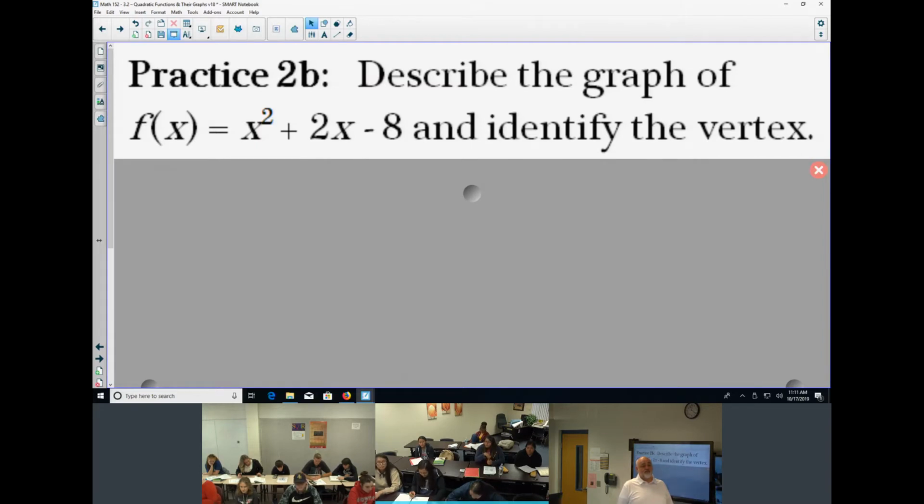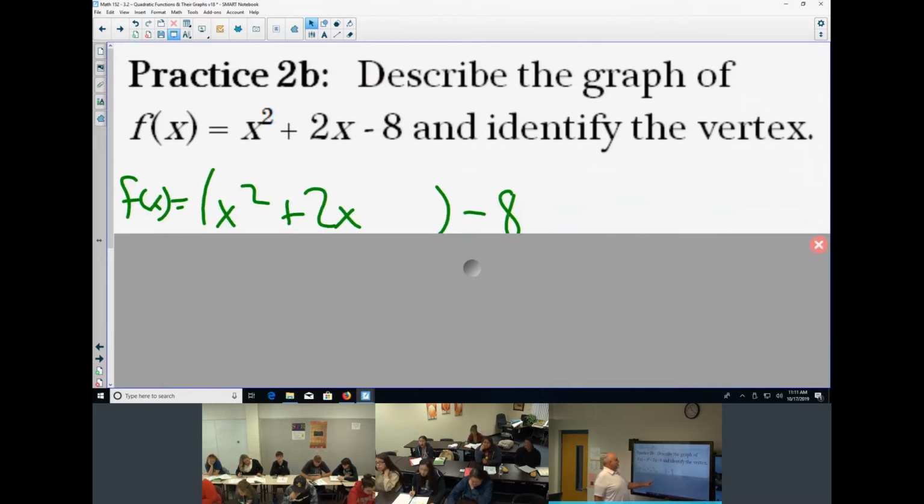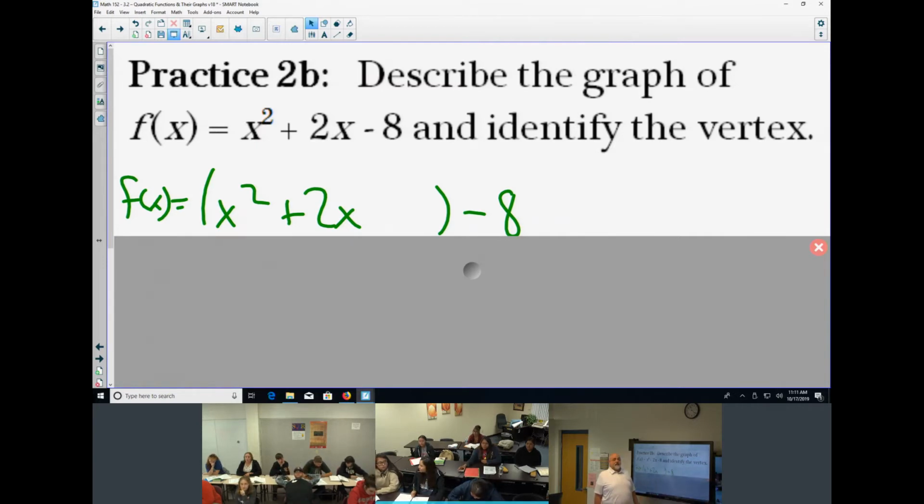Okay, so you move that -8 out of the way. Then you say, what number am I going to add in here to complete the square? So what number would I put in there? 1, because half of the middle term is 1. 1 squared is 1.